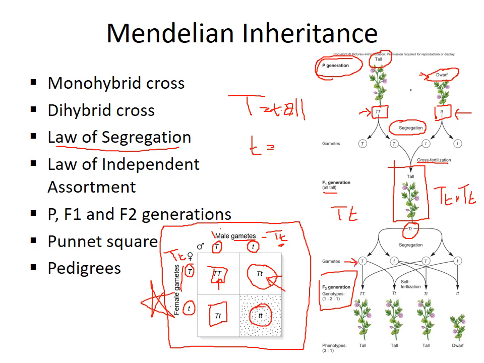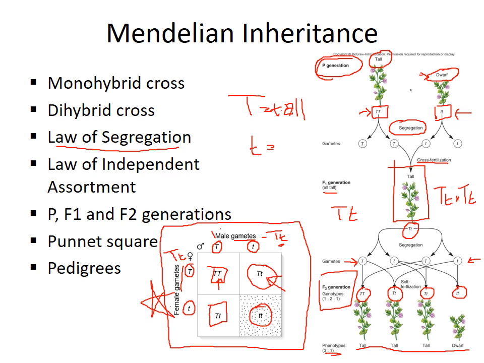Capital T, lowercase t, capital T, lowercase t. And our four genotype combinations, this is very similar to our Punnett square. And right over here you could see your phenotypes. 3 of them will be tall, and 1 of them will be short or the dwarf.